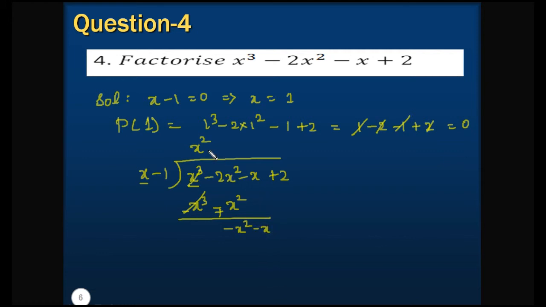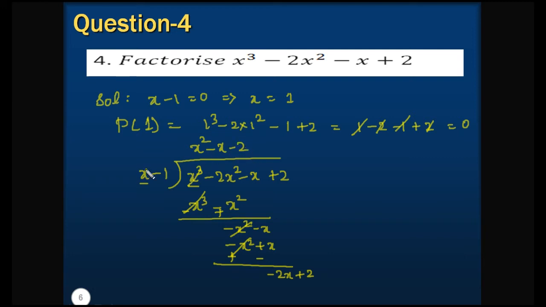Now minus x square by x is minus x. So minus x into x is minus x square, minus into plus is minus x. So this is plus and this is minus. Here we can cancel out these two. So it will be minus 2x plus 2. On dividing minus 2x by x, we'll get minus 2.